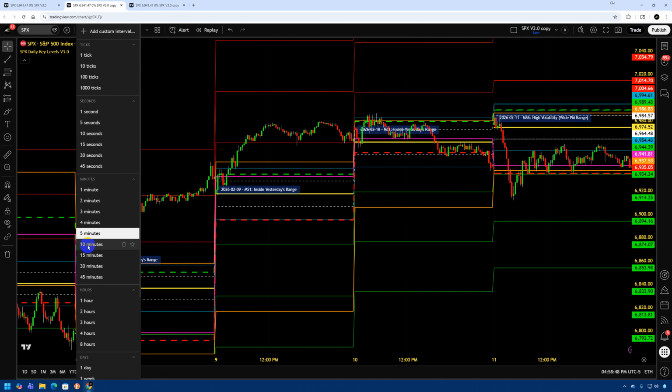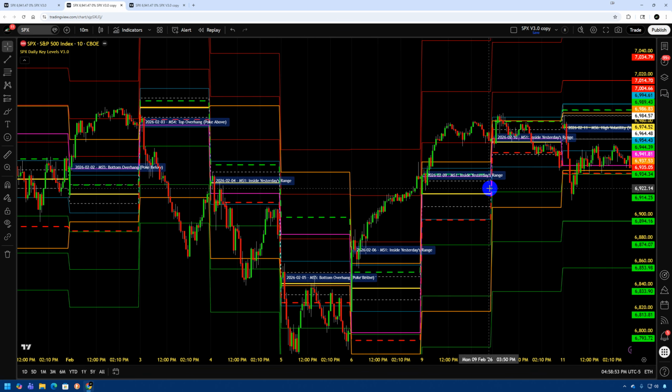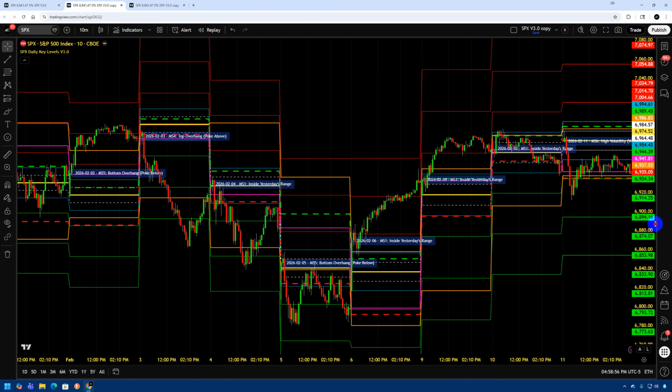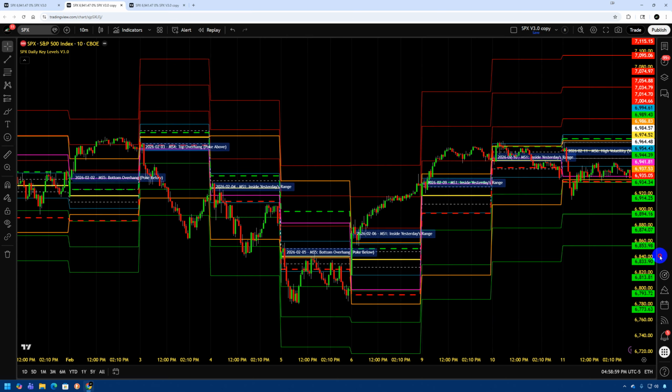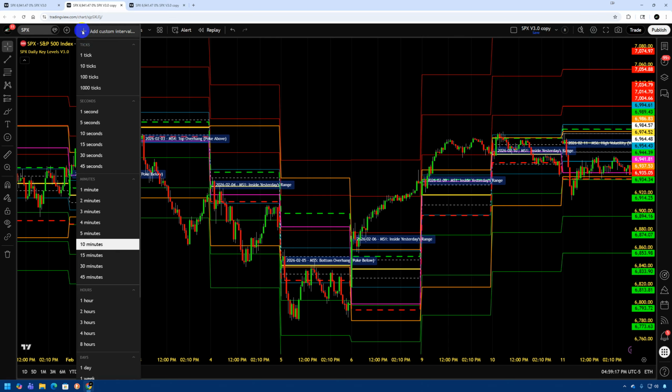If you have it on a longer chart, such as 10 minutes, then you're going to be able to see more sessions in a compressed space. However, these labels will kind of bleed over on the longer time frames, because the longer time frame will take up less horizontal space per session because there's less candles per session.